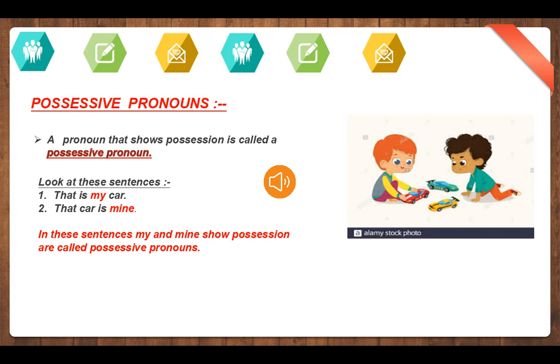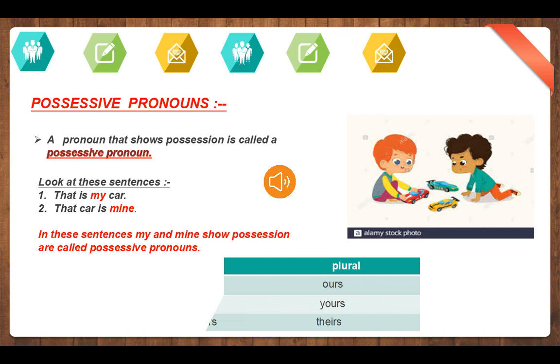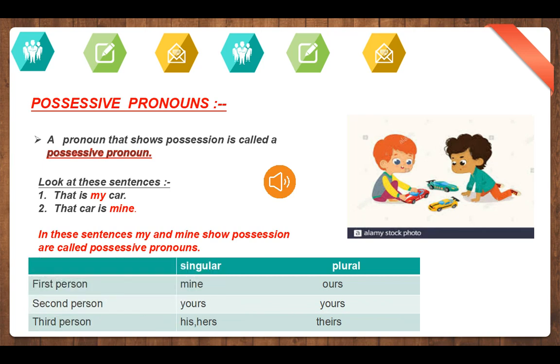Now, let us see some possessive pronouns in first person, second person, and third person. First person in singular form, mine. Plural form, ours. Second person, singular form, yours. Plural form, same it is, yours. Third person, his, hers.